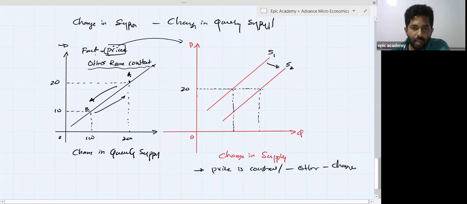So as an example, just consider when the price is in a stable situation, the government provides a subsidy to the producer. Then what will happen to the producer? They are encouraged to produce more and more commodity for the entire community. This is 200.